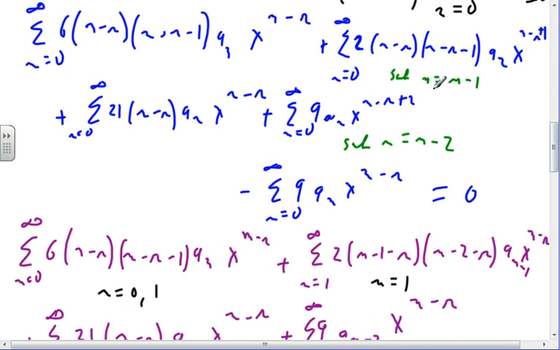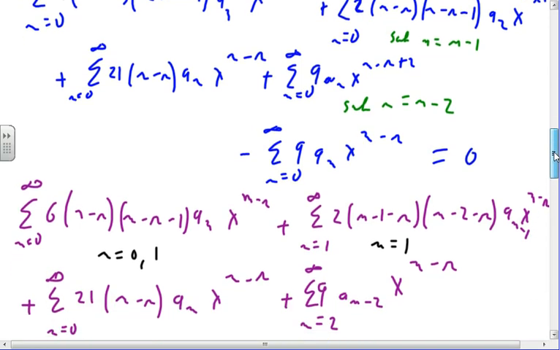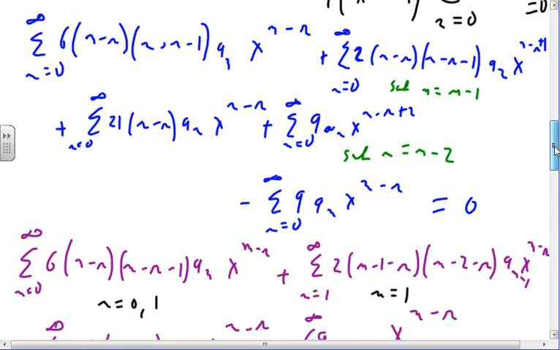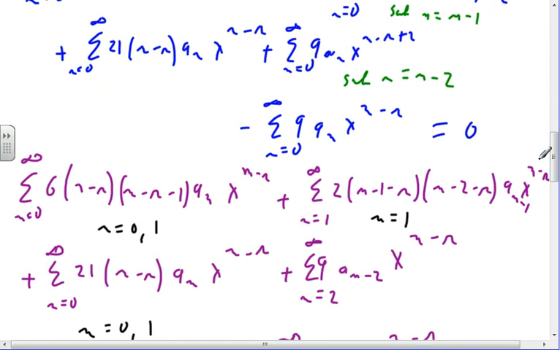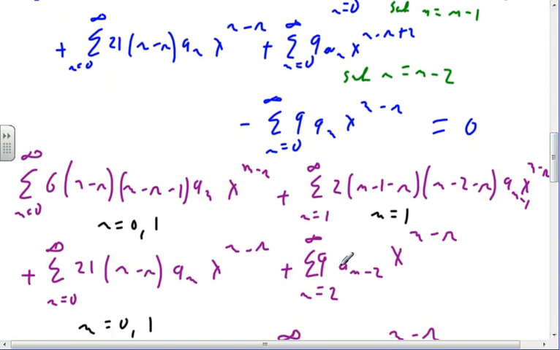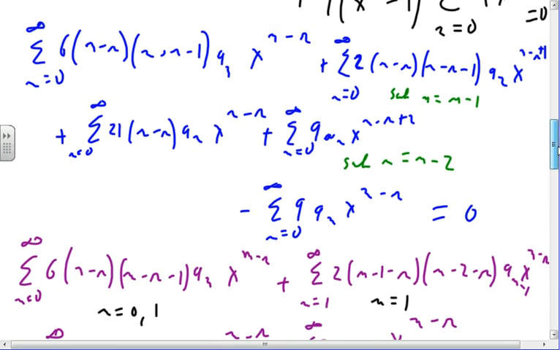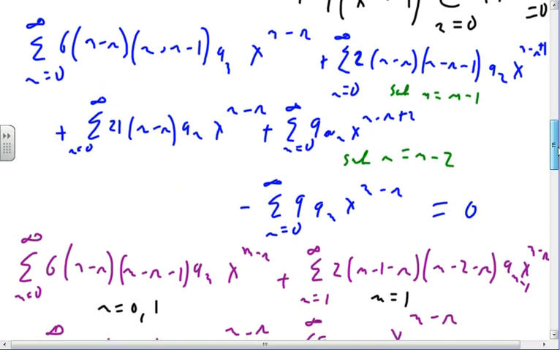Okay, we're going to do substitution n equals n minus 1, n minus 1, n minus 1, a n minus 1. Substitution n minus 2, n minus 2, n minus 2. I don't see a mistake yet, do you?